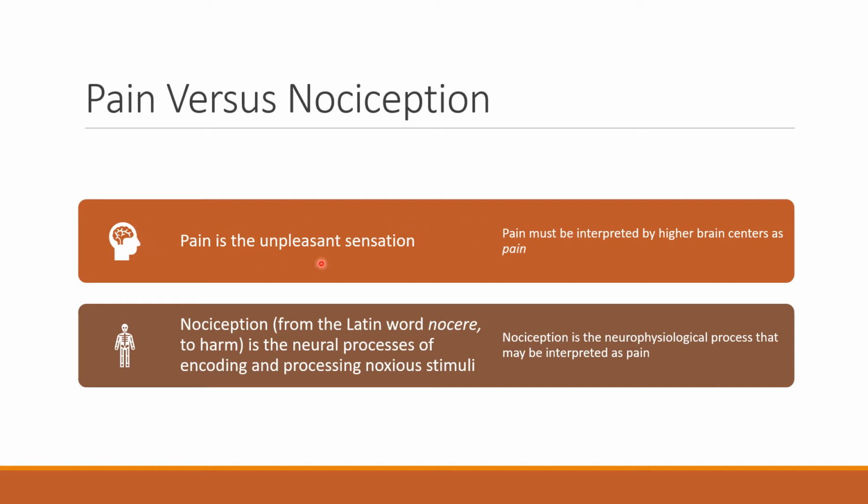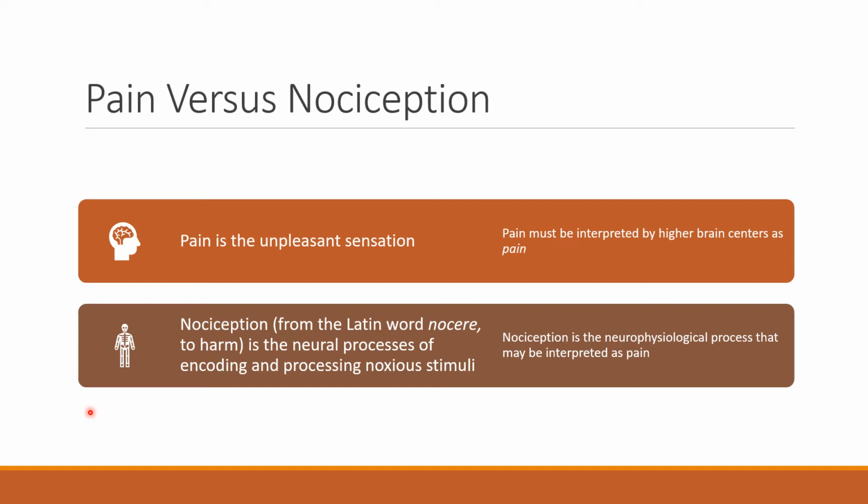So we can use pain control by either reducing nociception, eliminating the cause of the pain, or changing the interpretation of the nociception so it is not interpreted as pain. So we'll see different ways to do that throughout these lessons.